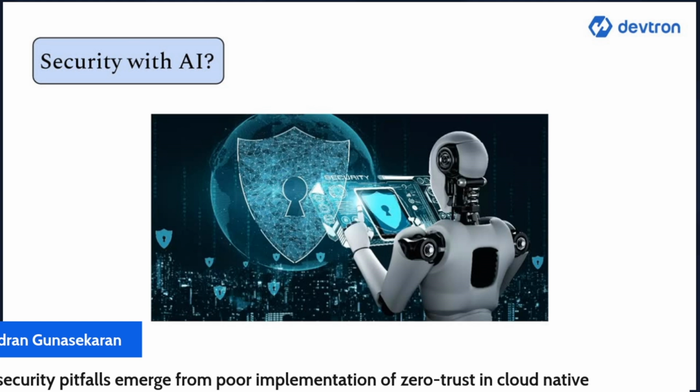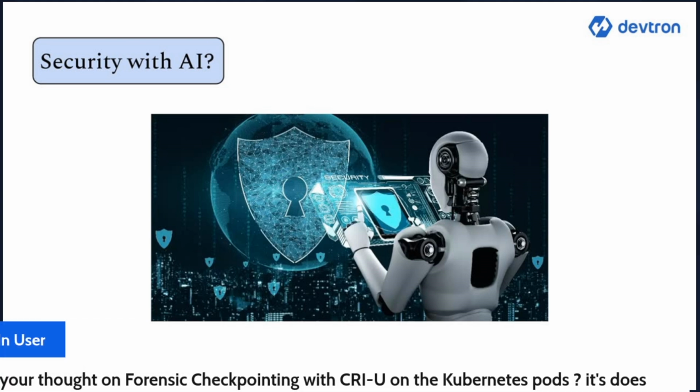Awesome. Love that. So we've got a pretty loaded question here, and I'm sorry that your name is not rendering, but Suman asks, what are your thoughts on forensic checkpointing with CRIU? Forensic checkpointing with CRIU. To be honest, I don't have much experience with this. I can't talk too much about it.